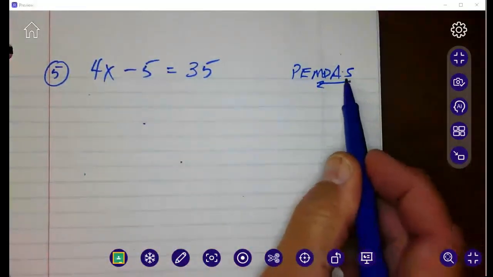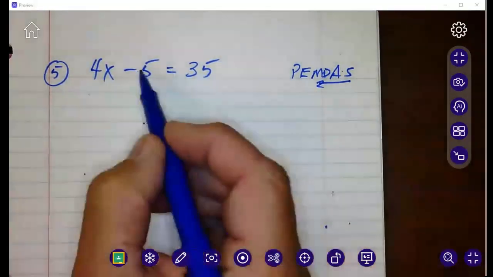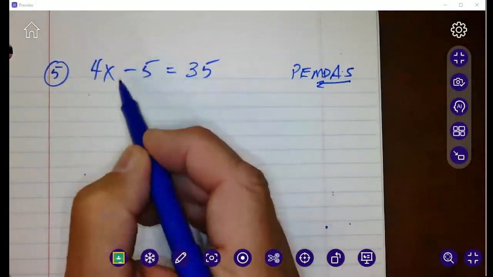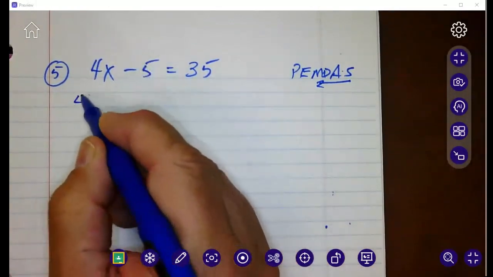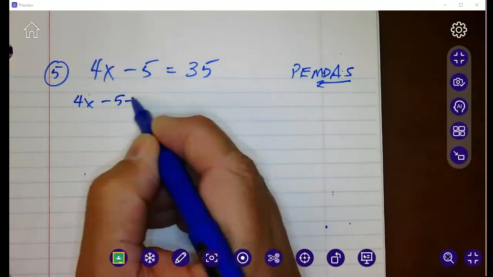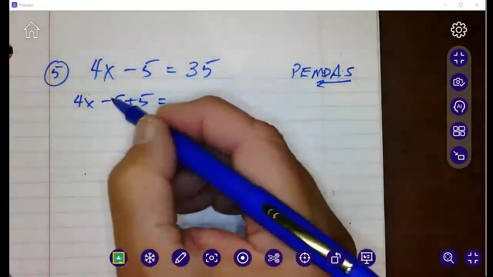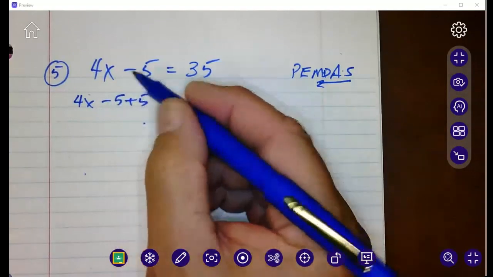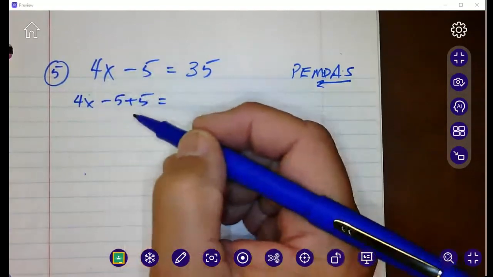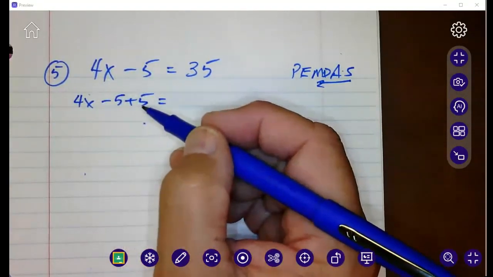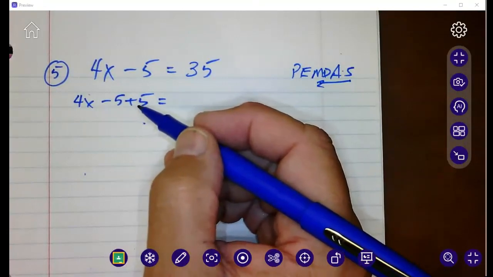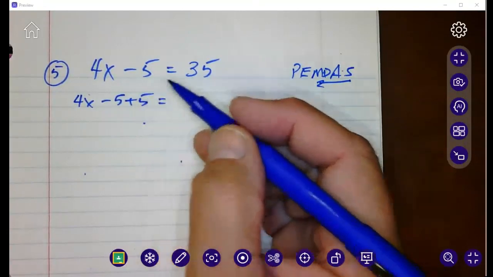We undo the addition or subtraction first. So to get rid of this minus 5, I need to add 5, because negative 5 plus 5 becomes 0. And so then we're getting at least part of what's next to the x away from it.